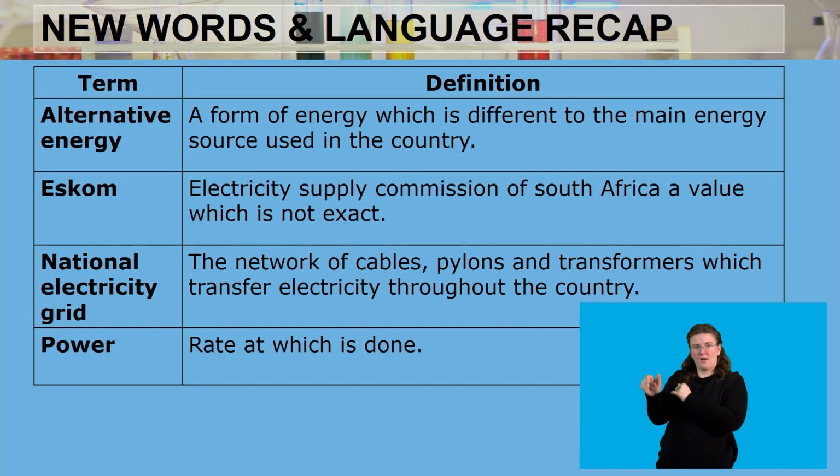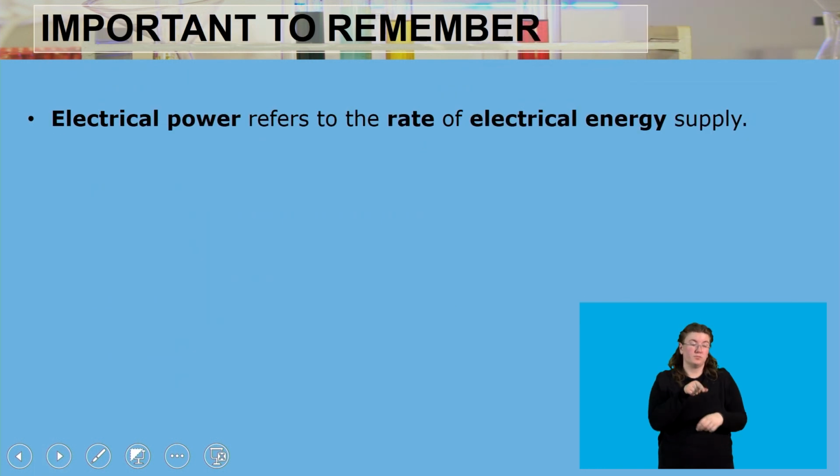And then the national electricity grid, that's now the network of cables, pylons, and transformers which transfer electricity throughout the country. And then lastly, power, that's the rate at which work is done. Remember, we can say power is the amount of energy used per second as well.